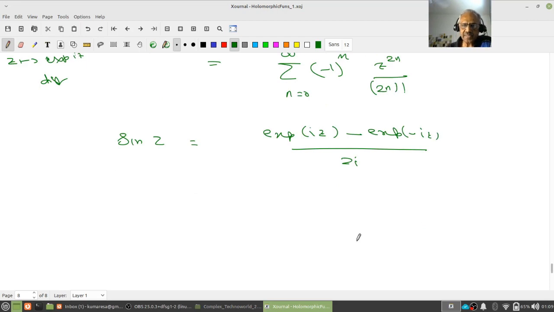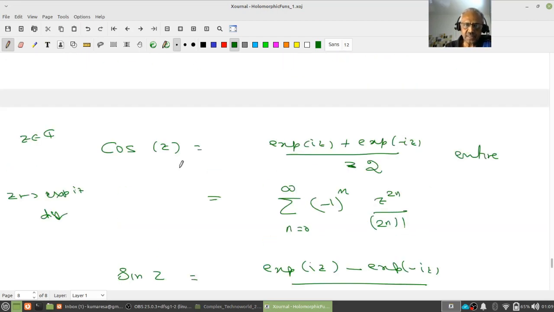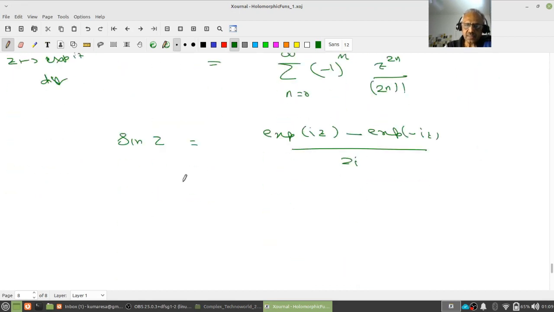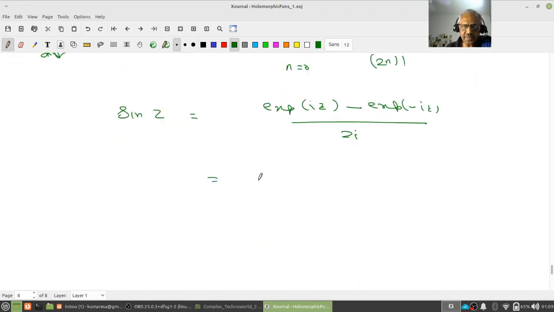That's it. Look at the imaginary part. That's all it means. Are you following what it means? Yeah, right. So this is going to be, I hope I'm right, minus 1 to the power n z to the power 2n plus 1 by 2n plus 1 factorial, n running from 0 to infinity.